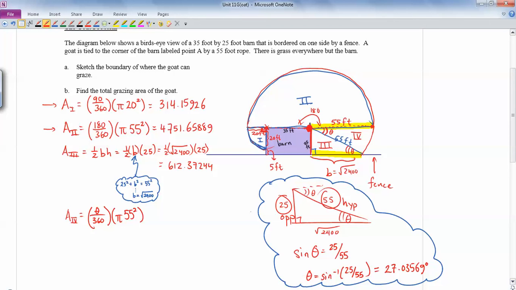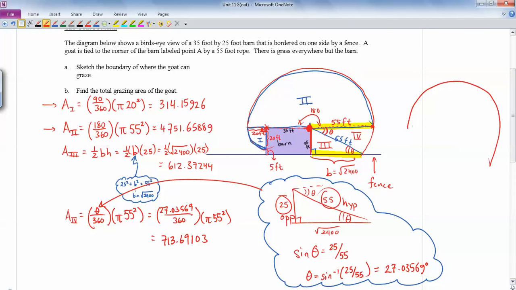So this theta goes there, and we end up with 27.03569 over 360 times pi 55 squared. And if you work all that out, that comes out to about 713.69103.